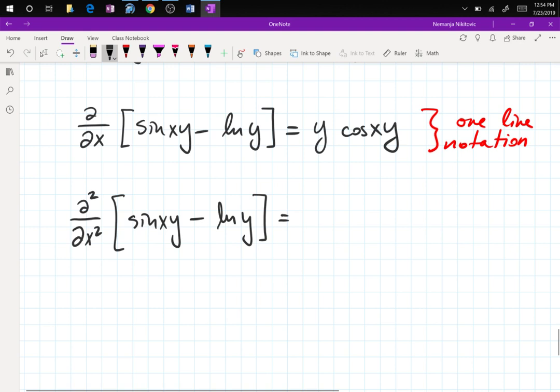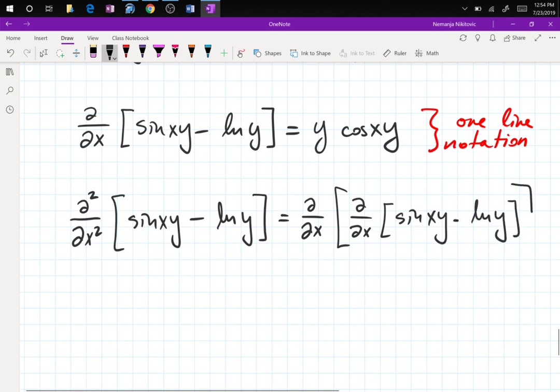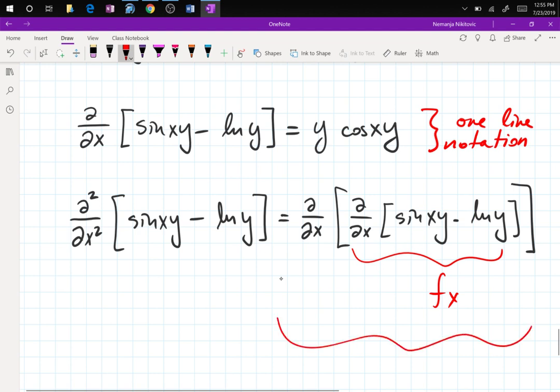This is partial in x and then partial in x of sine xy minus ln y. As you can see, the inner problem here is just your first derivative, and then on that derivative you will apply another one for f_x.